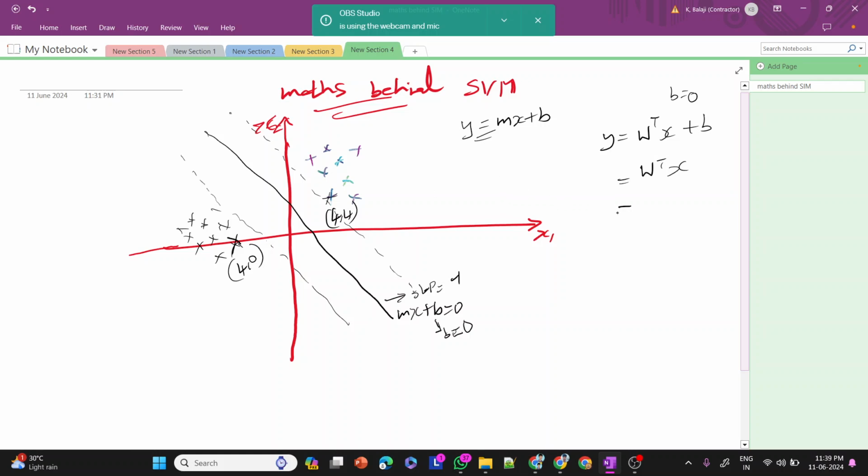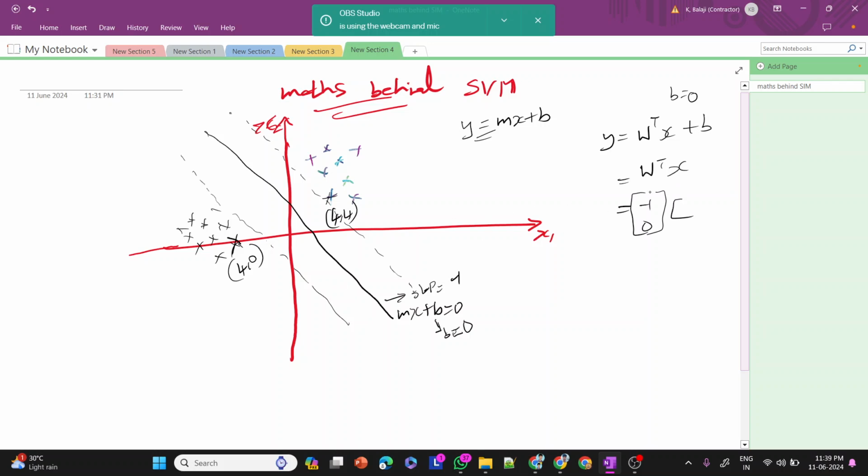we will get, let's first write w transpose. W transpose means the weight transpose. Here the weight is -1 and the intercept b equal to 0, and we need to write the x value.